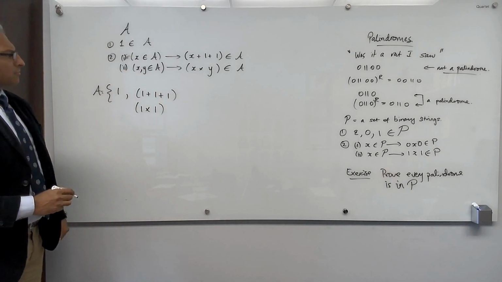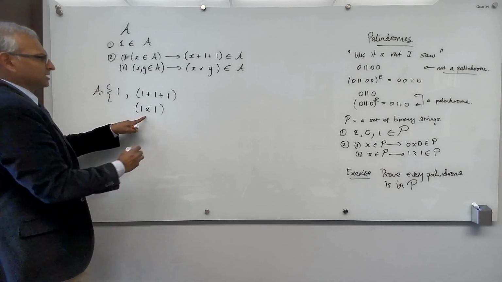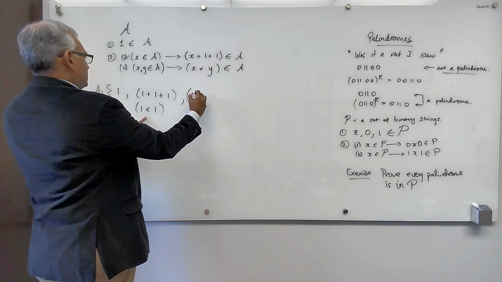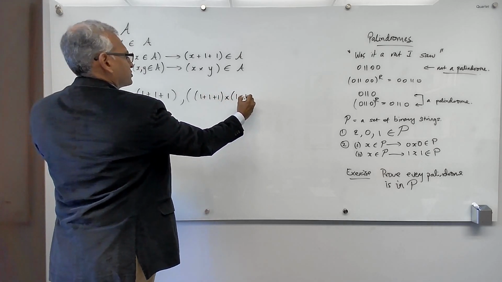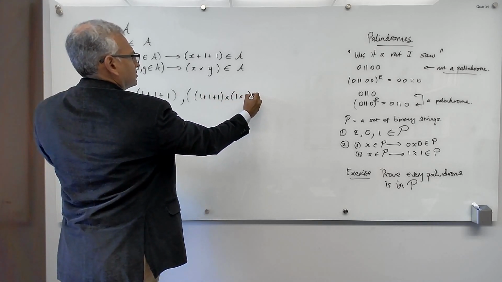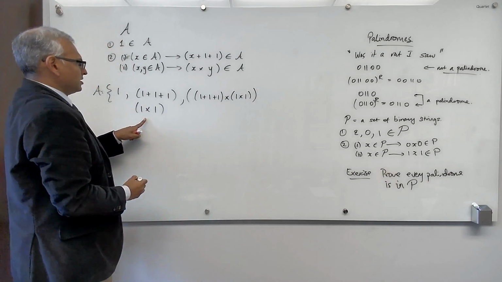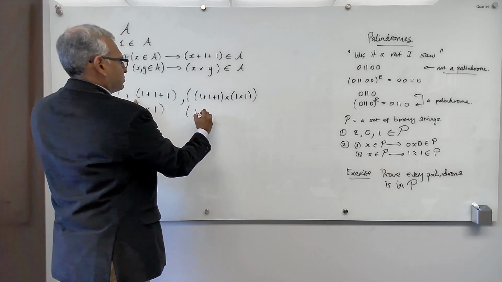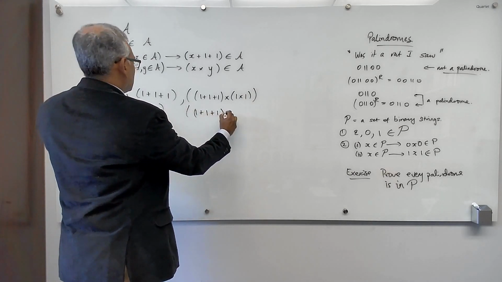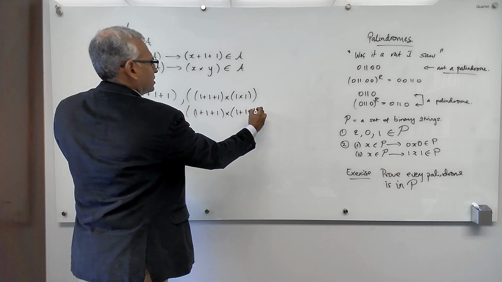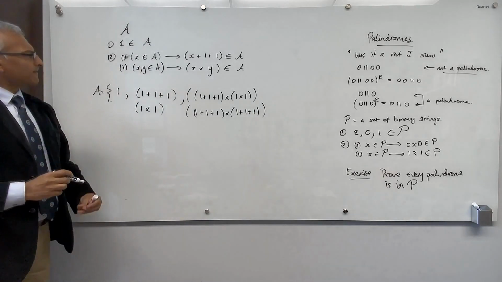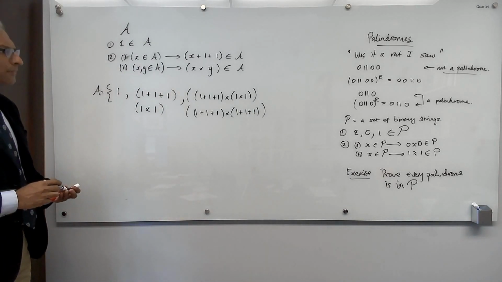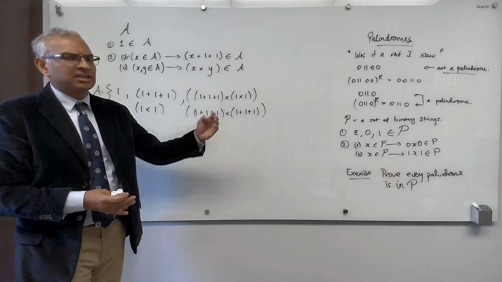And now, since these 2 are in A, we can immediately get, for example, ((1+1)*(1*1)), and we can get ((1+1)*(1+1)). So this is x, this is y. And so on. So you see, it's generating arithmetic expressions.